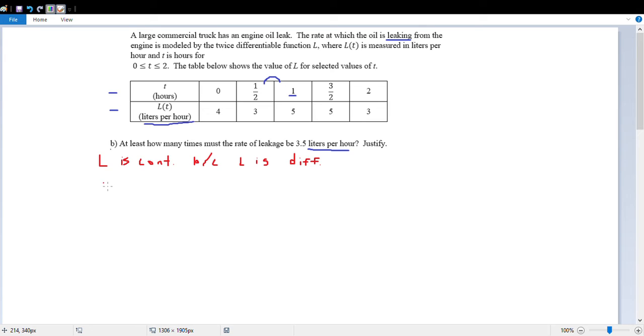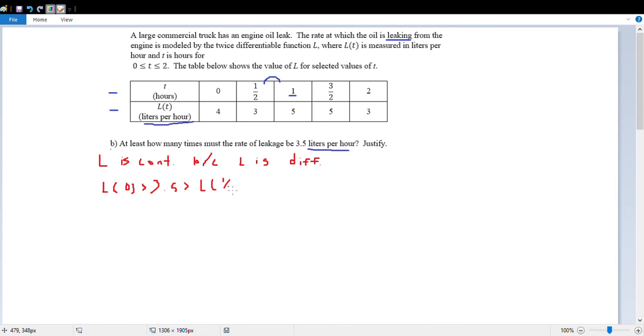All right, I'm going to establish some places where L is less than or greater than 3.5 and see how many times we can do that. Well, we got L of 0, that's more than 3.5, right? But then after that, it could be any time in the table, but it looks like it's just the very next time, L of 1/2.